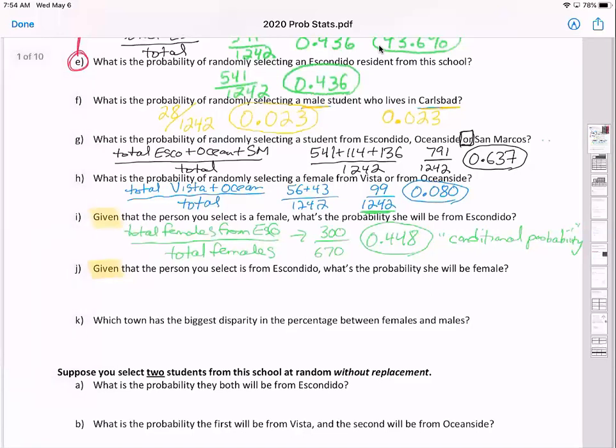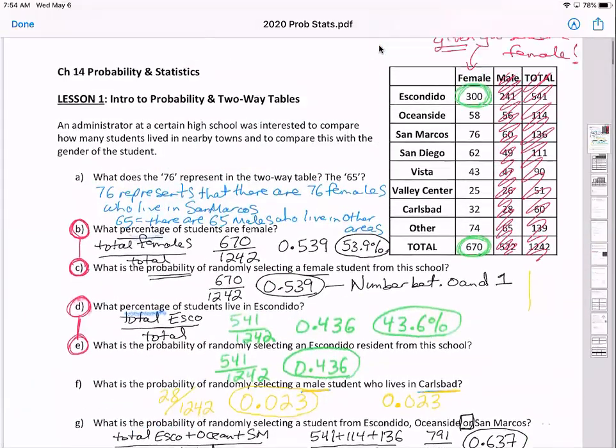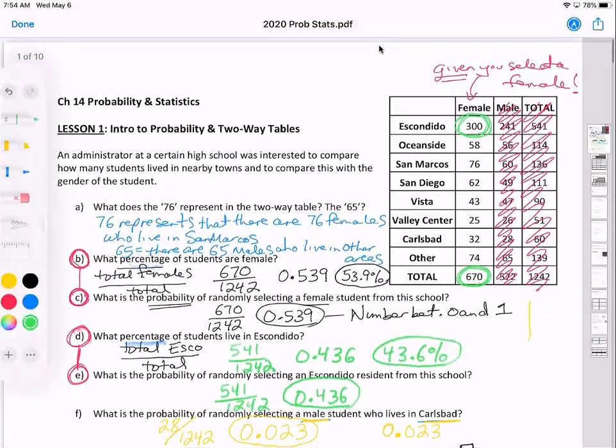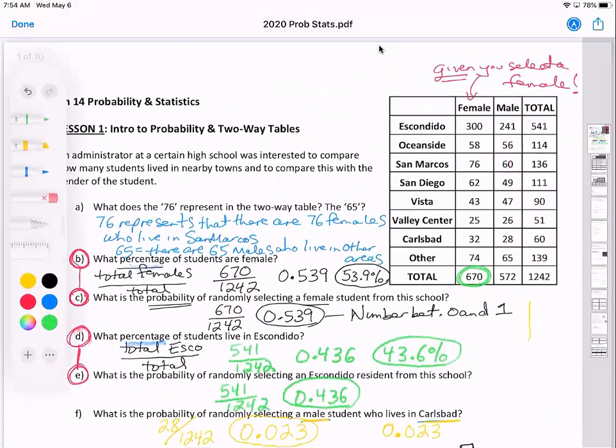So this says, given the person's from Escondido, what's the probability she's female? So here it's very close reading. The given is the condition, given that the person you select is from Escondido. So let's go back to this table, and I need to do some erasing again. And this says, given the person is from Escondido.